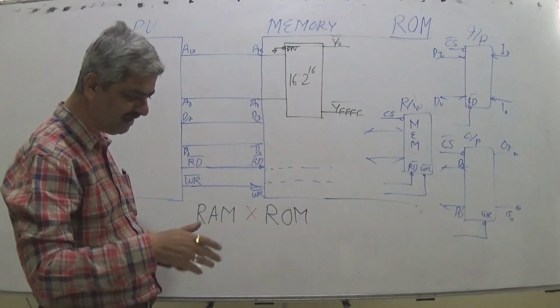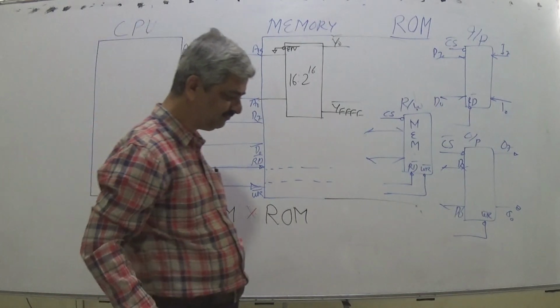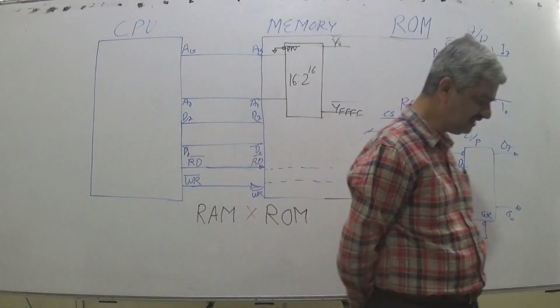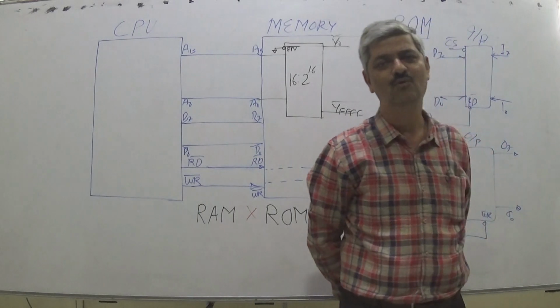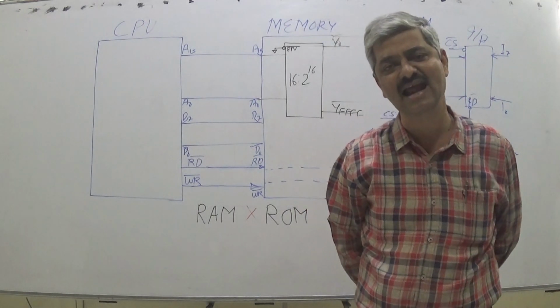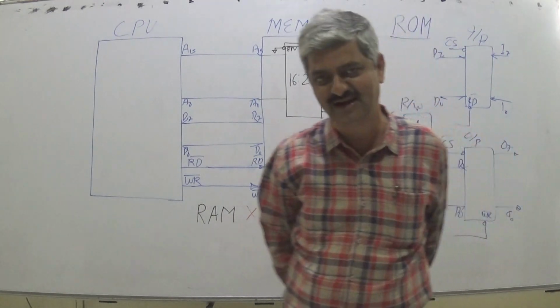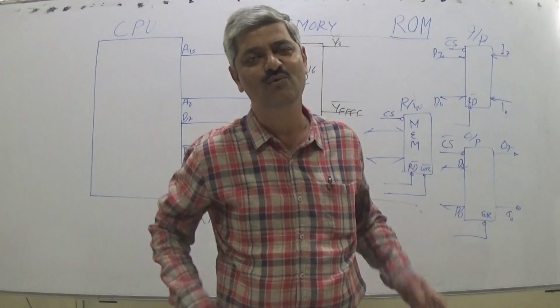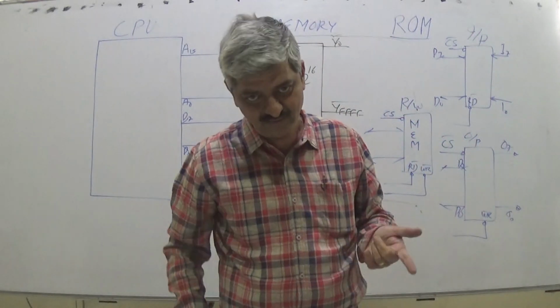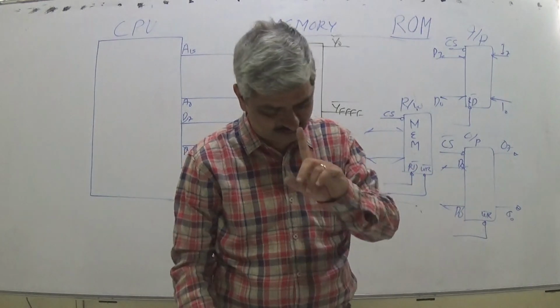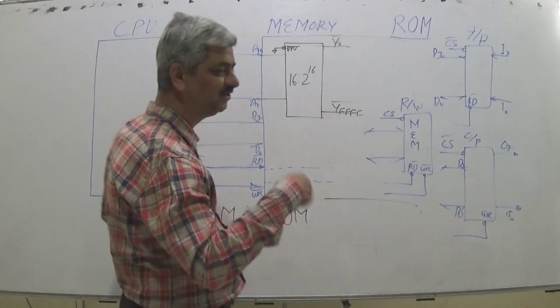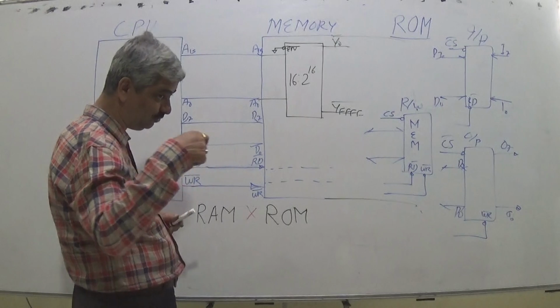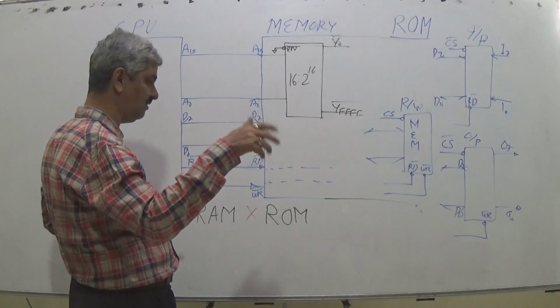RAM is random access memory, and ROM is read only memory. I give a question; you can pause and think, and if you are able to think, it's good. If not, then continue and watch.